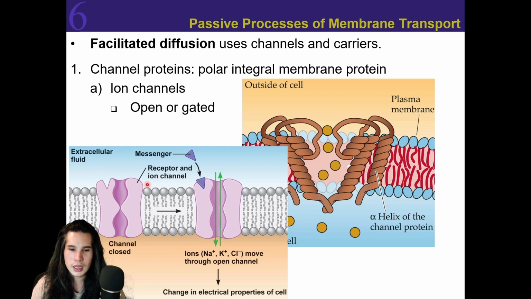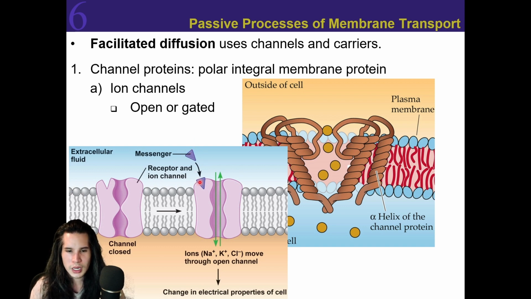So before we want any ions in the cell, your channel will be closed. But then let's say it's the opportune time for ions to flow in. Let's say, for example, signal transduction. Let's say you're trying to communicate between multiple neurons.